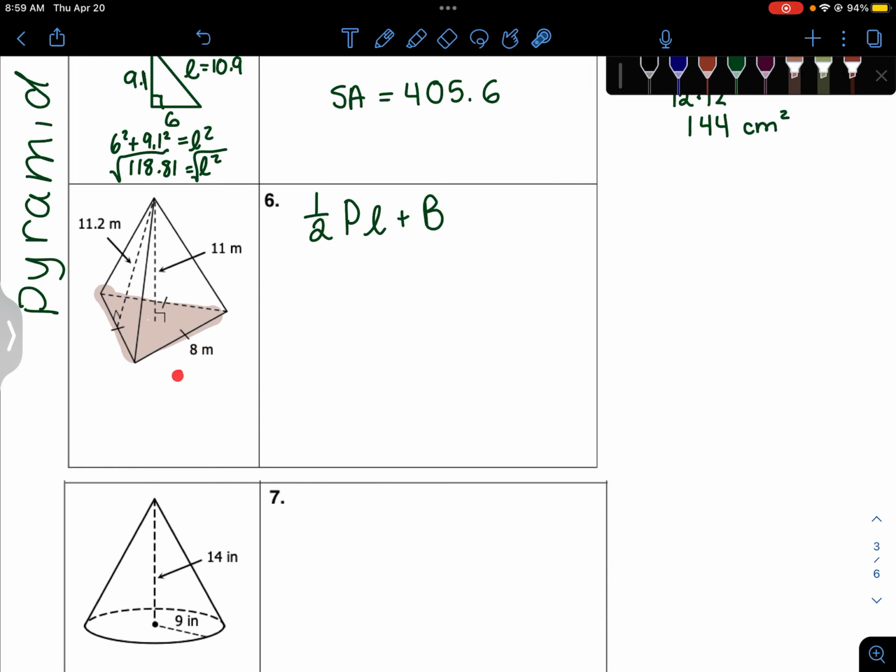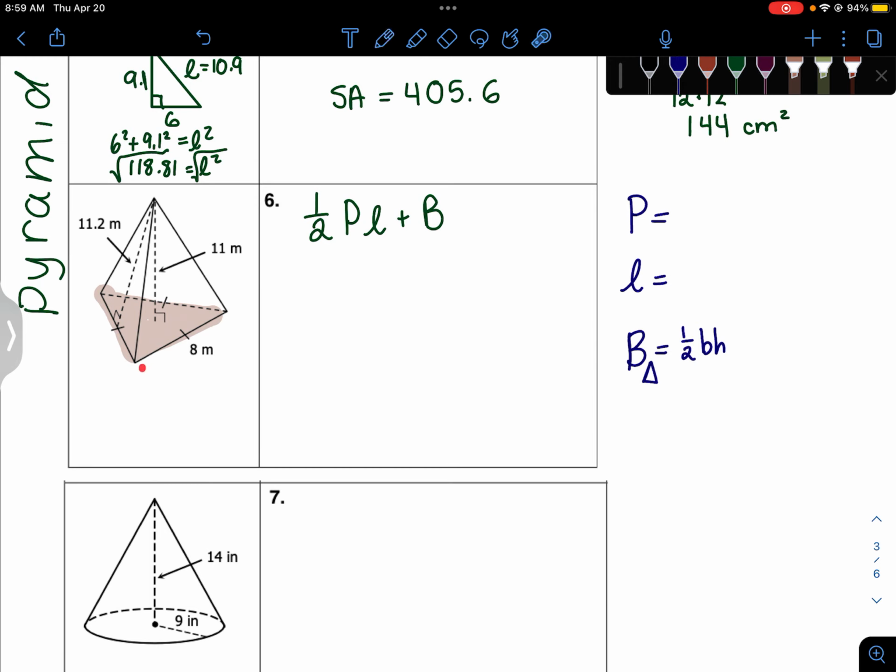And I'm going to redraw that equilateral triangle down here in just a moment. So we need to find the perimeter of that equilateral triangle. We need to see if we have the slant height of our pyramid. And capital B stands for area of the base, so area of our equilateral triangle. And we should know by now that to find the area of a triangle, that's 1/2 base times height.